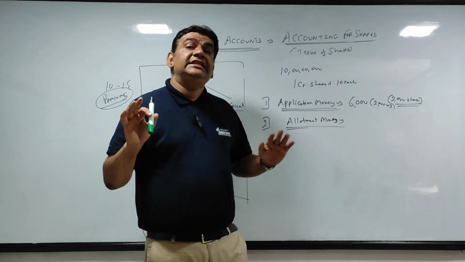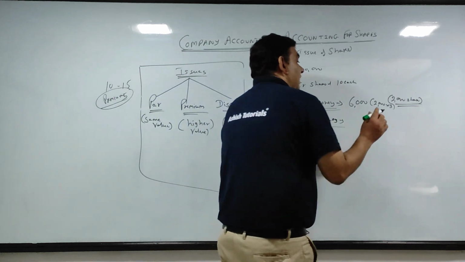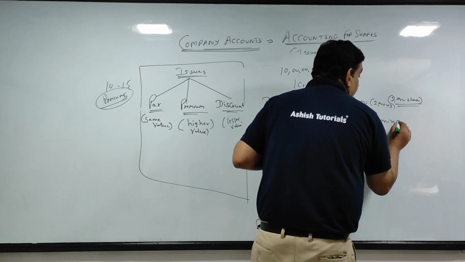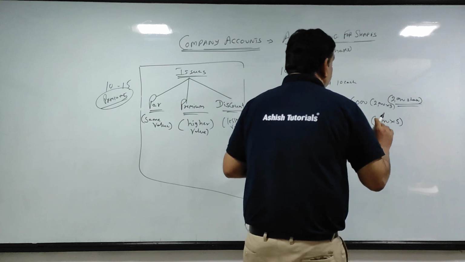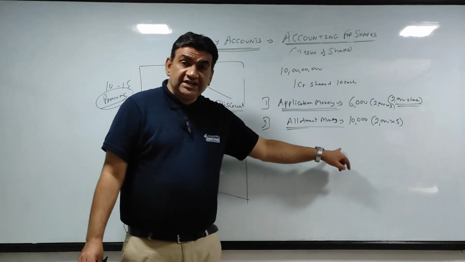If not, then the company can give you further installments. Company will say, काम करो, अभी तुमने 3 भर दिया, now you pay 5. So 2000 into 5 on allotment, you will pay 10,000. See, इसमें भी there are variations.